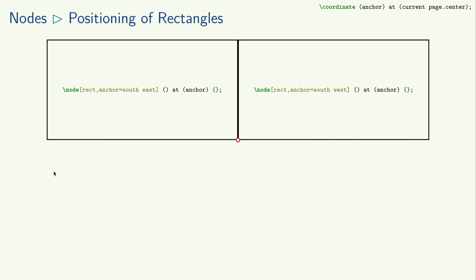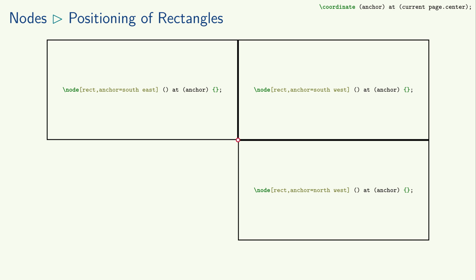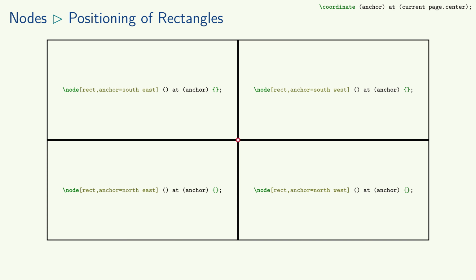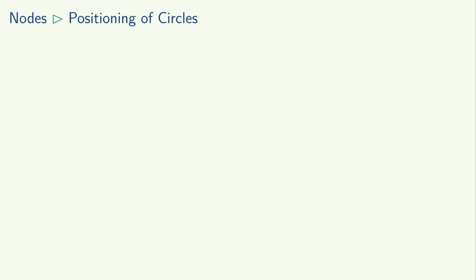Now, there are ways to get around that, but I won't go into details right now. We can continue adding these with the northwest anchor point and the northeast anchor point. And we can do the same with circles. The only reason why I'm covering circles here is because the corner, in quotation marks, anchor points are less usable for positioning for circles.